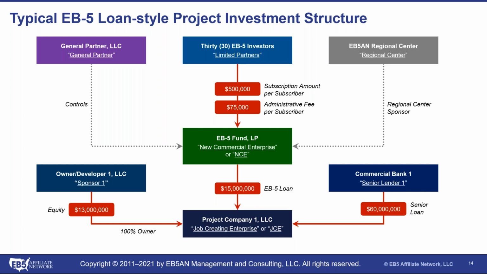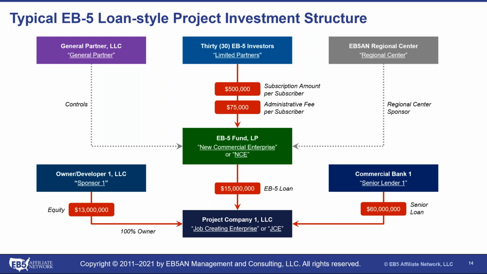In some cases, they're the same or they're affiliated in all these cases. You've got the EB-5 marketing agents and other intermediaries that even at this stage are still involved and working with or advising their EB-5 investors. And then, of course, you have the EB-5 investors.